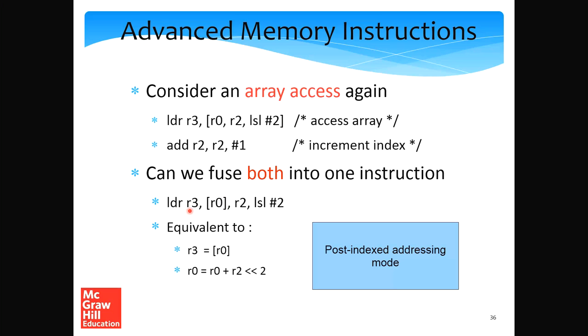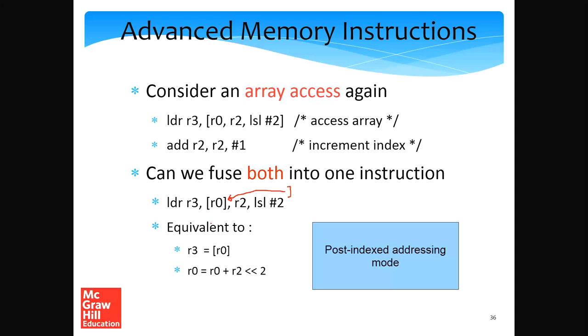So we'll have LDR R3, [R0], which is the base address register within a square bracket, and then the index and the scale amount and the shift amount. So the only change is that the square bracket has moved its position. That's the only change. So this is a new kind of assembly instruction format that we are introducing for the LDR instruction.